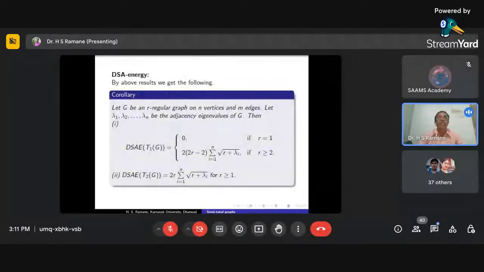Then from knowing the eigenvalues, one can get the DSA energy. The DSA energy of T1G is 0 if r is 1, because the eigenvalues are 0 here. Otherwise, it is 2 into square root of 2r minus 2 times the sum of square root of r plus lambda i. Depending on the value of lambda i, one can express this in a simpler form. And for T2G, it is 2 square root of r times the summation of square root of r plus lambda i, for any r.